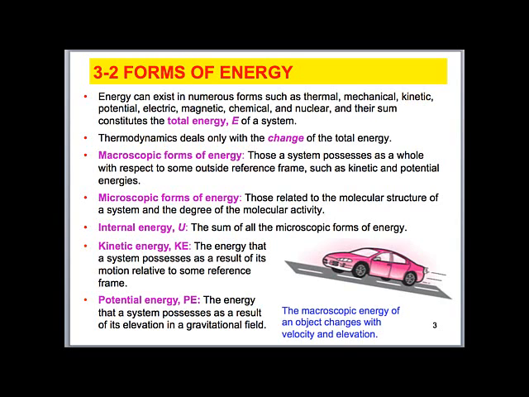That U will encompass all of the very small amounts of energy associated with the different molecules. Kinetic energy is going to be the energy associated with the velocity of the fluid or the gas or whatever it is that we are analyzing, and the potential energy is going to have to do with the elevation of the fluid or the gas or whatever we have relative to some reference point.